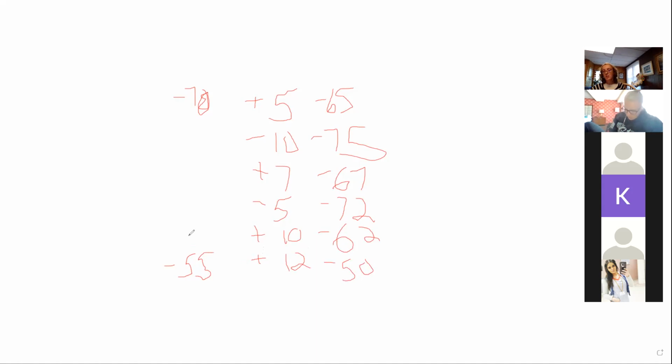But until I reach a -55, which means each one of these, this would be an excitatory postsynaptic potential. This would be inhibitory. This would be excitatory. This would be inhibitory. This would be excitatory. This would be excitatory.